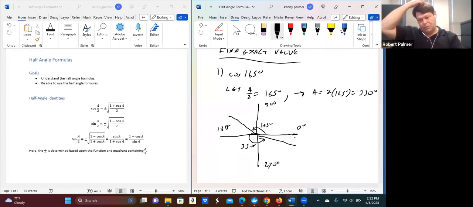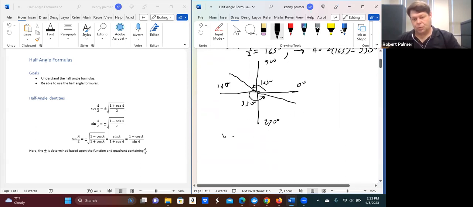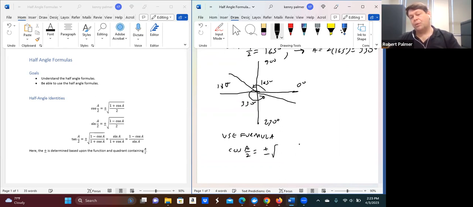Now what we can do is use the half angle formula, which says that the cosine of A over 2 is equal to plus or minus the square root of 1 plus cosine of A, over 2. Okay.